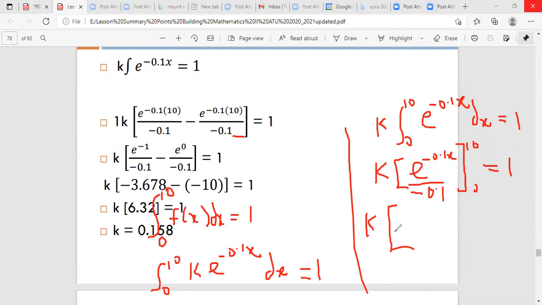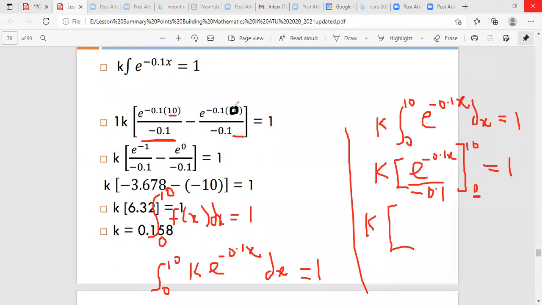So that will be e raised to the power negative 0.1, then x is 10, as an exponent over negative 0.1. Then minus e raised to the power negative 0.1, this time x will be 0. The lower limit is 0. Let me correct that, so this is 0.